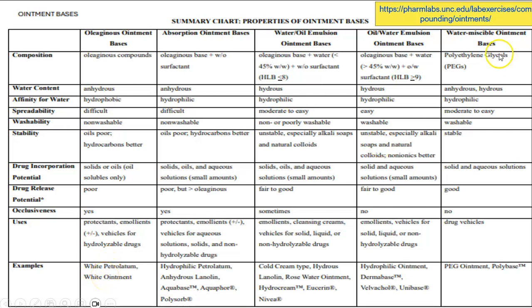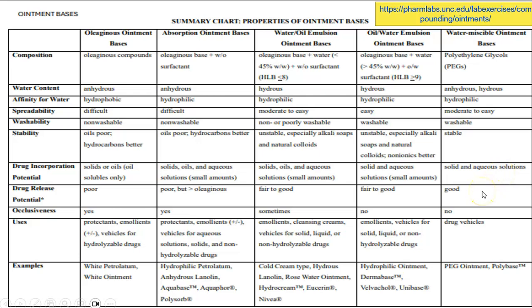Let's jump across to water miscible, which is your PEG, polyethylene glycol. These are anhydrous and hydrophilic, which means they love water. In terms of spreading over the skin, it's moderate to easy, it's washable, it's stable. You can incorporate solid ingredients, water-based ingredients, and aqueous solutions.